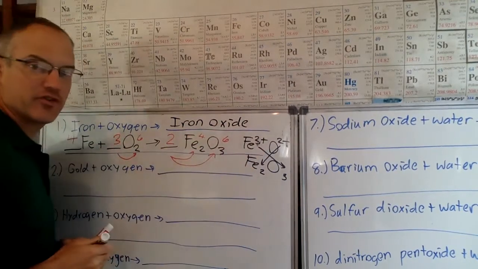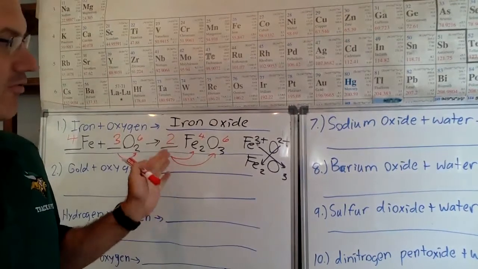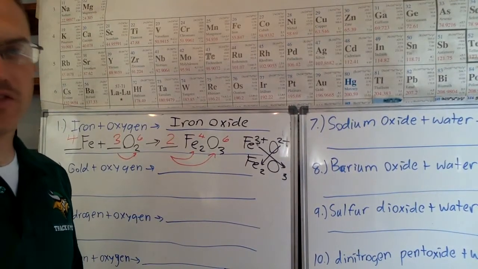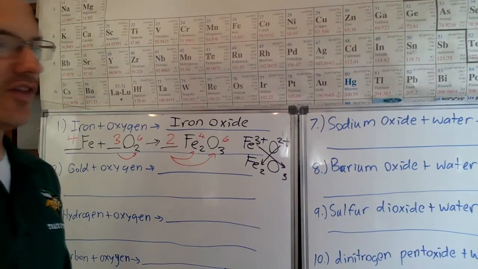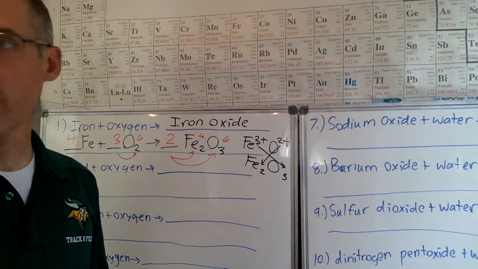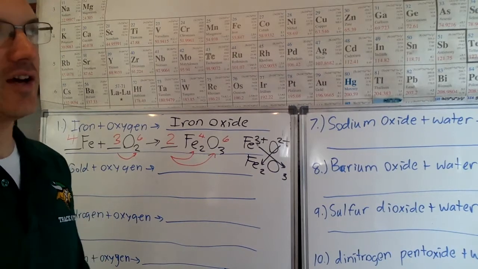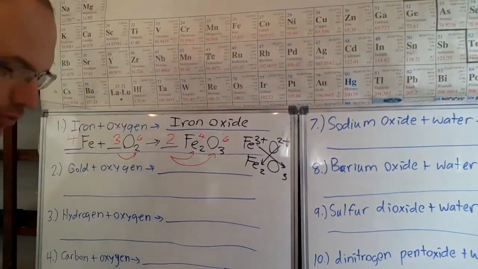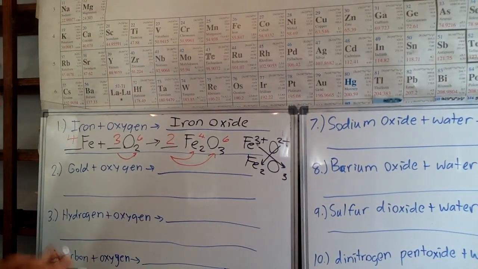So that's how you finish your word equation by just writing down what you have for a product, which in this case is iron oxide. Okay, so that's a basic idea behind formula and word equations, and that's the basic idea behind synthesis reactions, where they make one product out of 2 or more reactants.